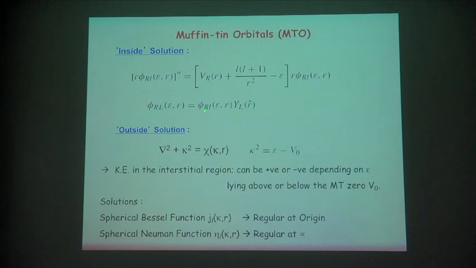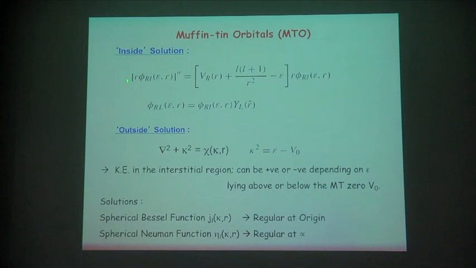Only you have got L, and of course within this capital L you have L and M, and that's what Ranjit said in his talk, that this is only L and M dependent. Whereas if you remember the one which I showed you in the tight binding, there it was N, L, M. That is, the principal quantum number was there. Here it is not there. This is why this is called a partial wave solution.